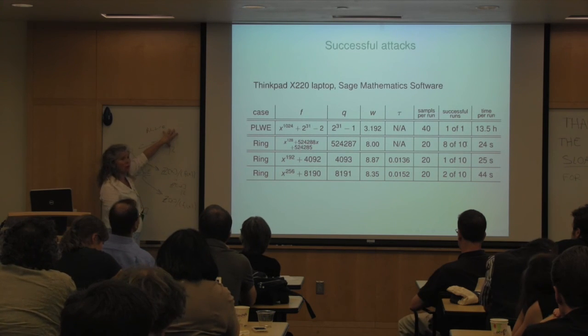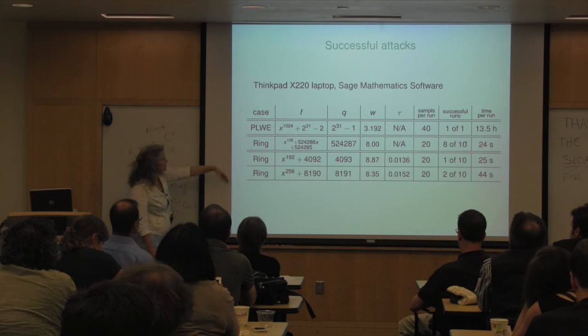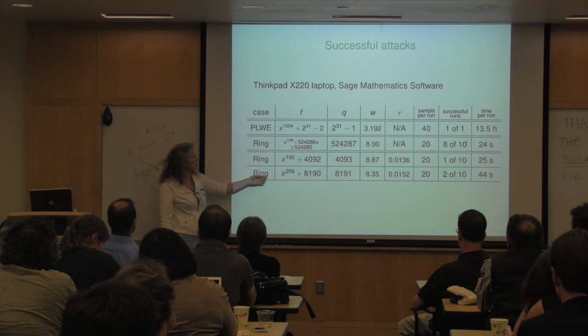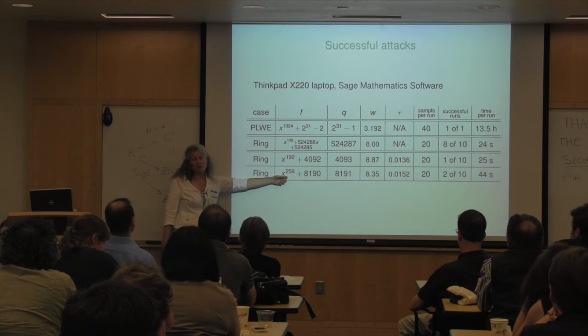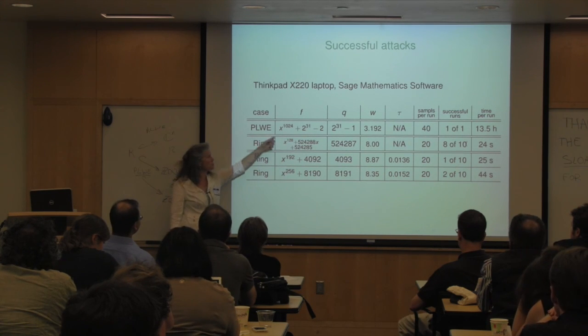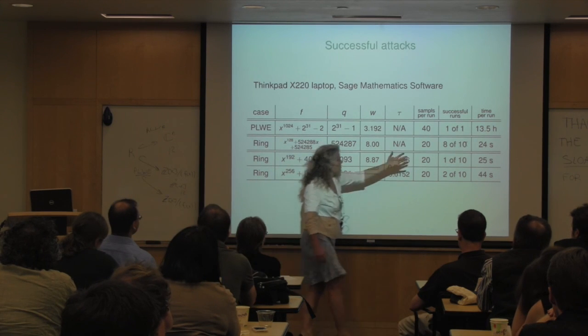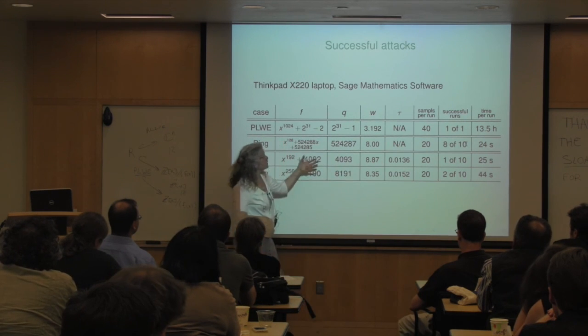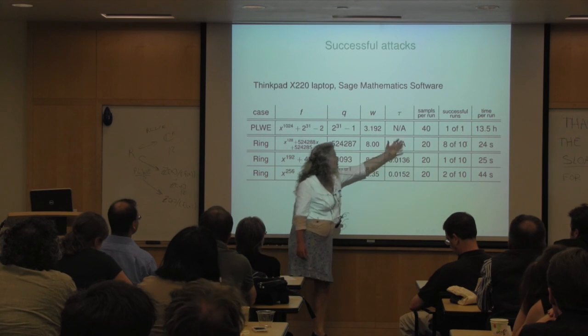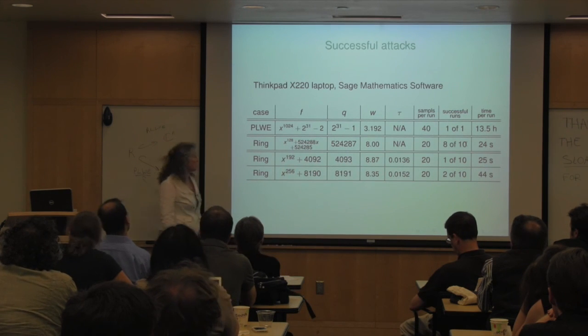So generating RLWE instances was sufficiently time-consuming that before the crypto deadline, we only generated instances of this size rather than this size. But as you can see, the attack times, 25 seconds, 44 seconds, with roughly 20 samples, are very, very efficient.